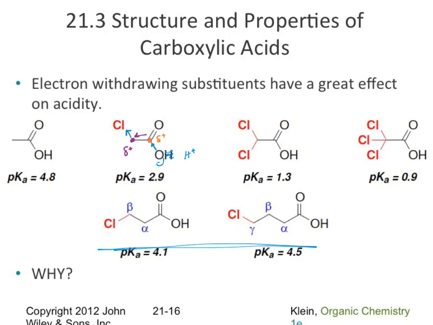Well, the further away that shift gets from where we're looking at our reactivity, what ends up happening? Every step gets progressively weaker as far as the electron withdrawing effects. So the closer our electronegative element is, the more it's going to contribute to weakening that bond and making it more acidic. Okay?